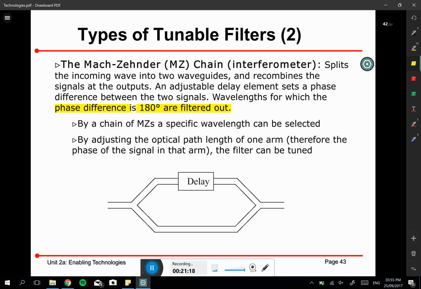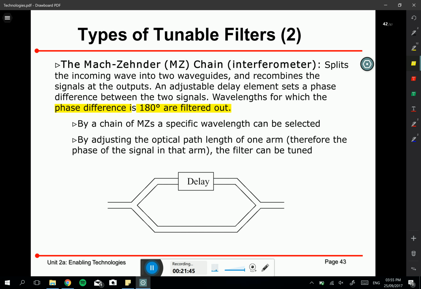If you want to remove a set of wavelengths, you need to have a set of Mach-Zehnders one after the other. This delay would be important to a specific wavelength. I mean, as two signals are identical, if you destruct them at the same threshold, you destruct everything, all wavelengths, so you get nothing at the output.